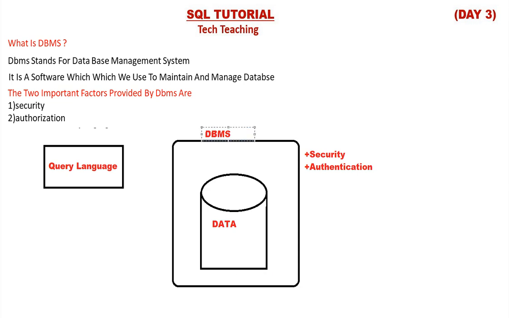So here DBMS provides login validation. You cannot directly access this database. If you want to access it, you have to log in first. Who provides this? The DBMS. Authentication is the same as security. No one else can access your data if they don't have the privilege to access it.